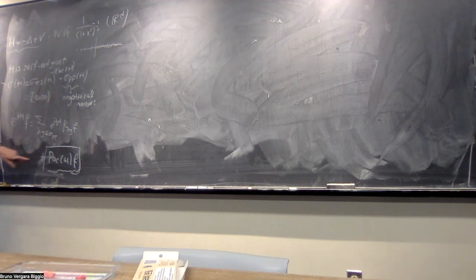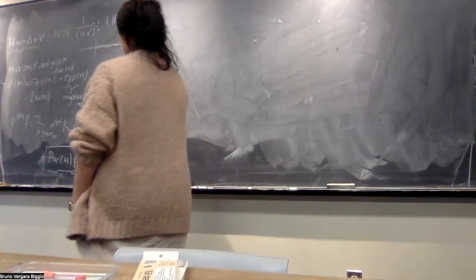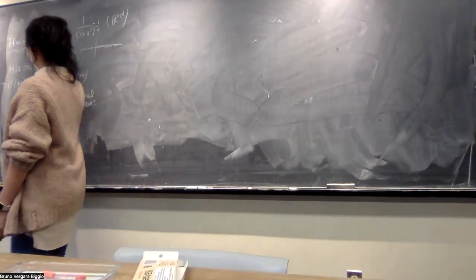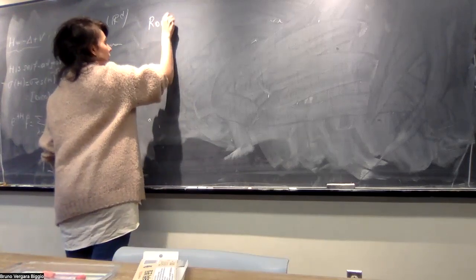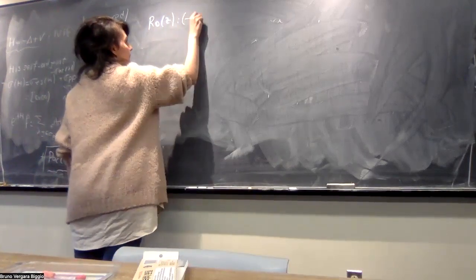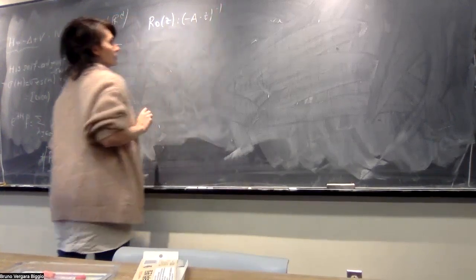In order to focus on this part, I need to define a resolvent operator. So I'm gonna define two resolvent operators. One of them is gonna be for the pure Laplacian. This is how I'm gonna define it: R_0(z) = (-Laplacian - z)^{-1}.